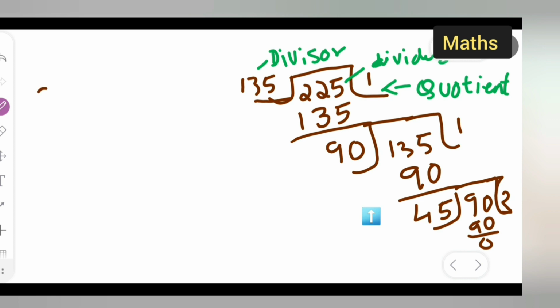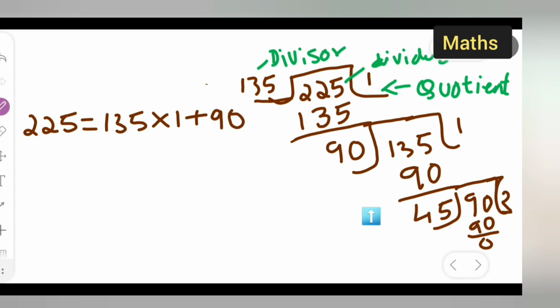Then you can write down here: 225 is equal to 135 multiplied by 1. I am not getting a proper place to write, so let me write it here. 225 is equal to 135 multiplied by 1 plus 90.